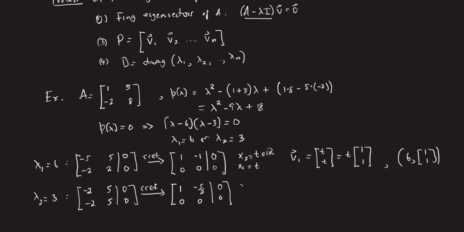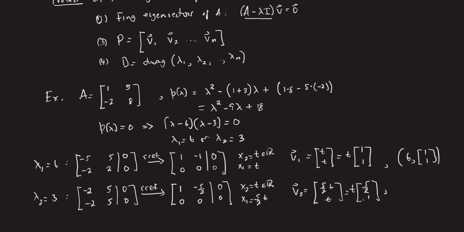So again, we can use our second variable as our free variable, and then in this case, x1 is going to be 5 halves t. Let's see if we can extract a basis for the second eigenvector. So we'll have 5 halves t, we'll have a t there, factor out the t, and we have 5 halves and 1.